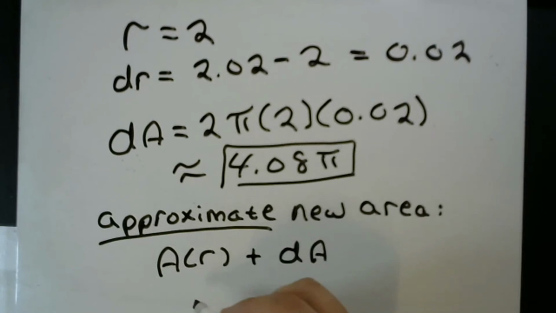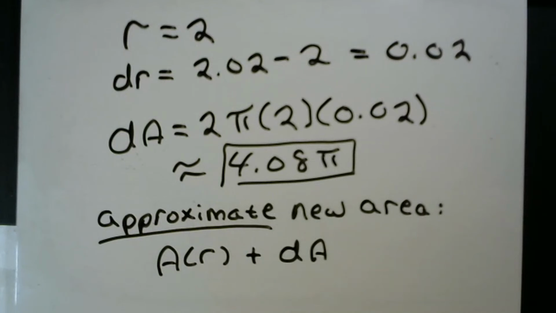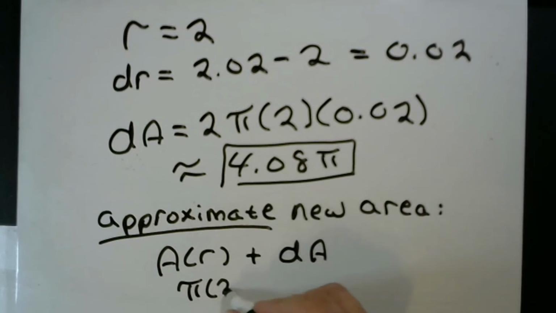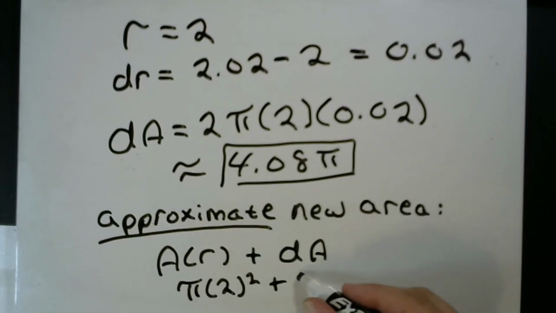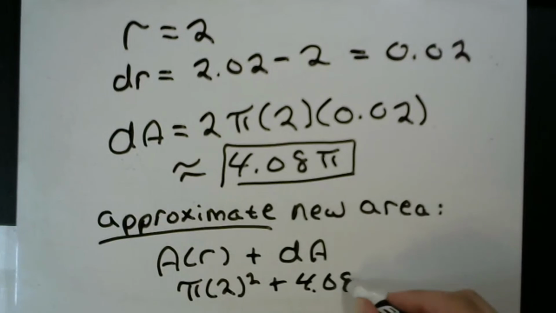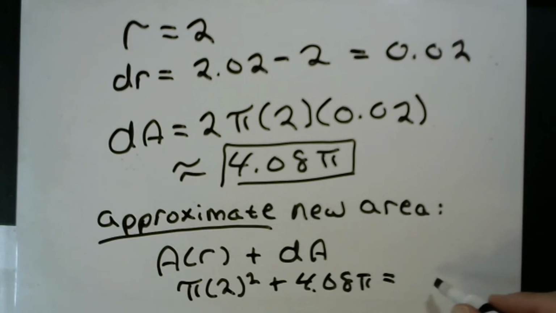So the area computed at 2 is pi r squared, or 2 squared, plus our dA, and that's going to come out to, let's see, just checking with my notes here.